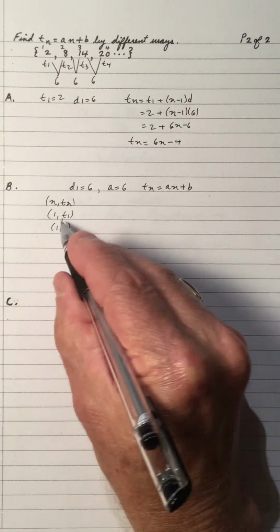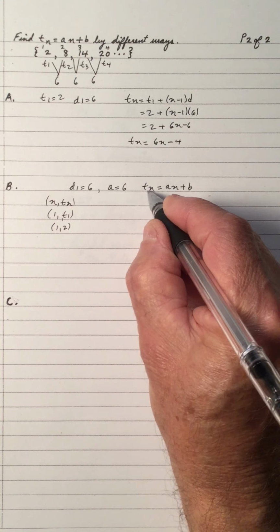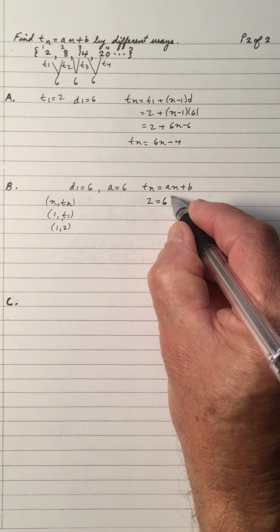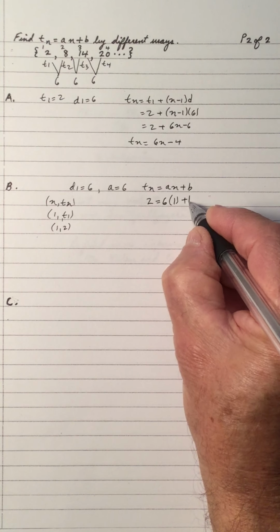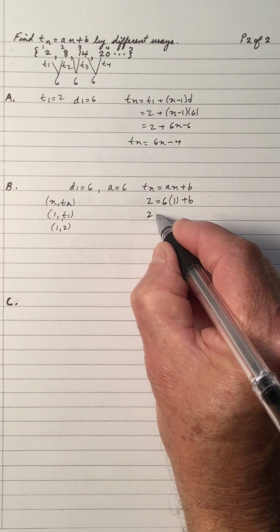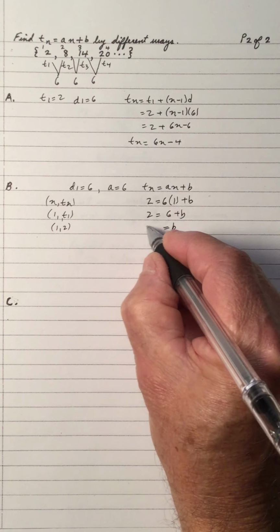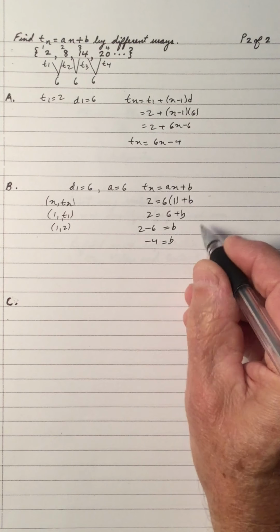So if T of 1 is 2, A is 6, and n is 1, we can find what B is. So 2 equals 6 plus B. Leave the B there: 2 minus 6, so B becomes negative 4.